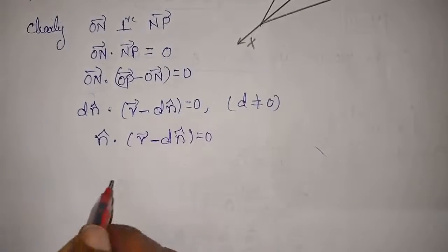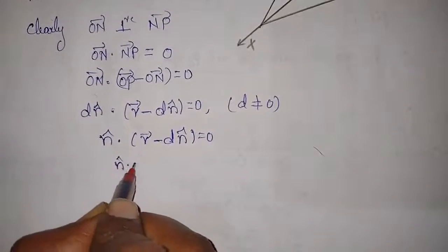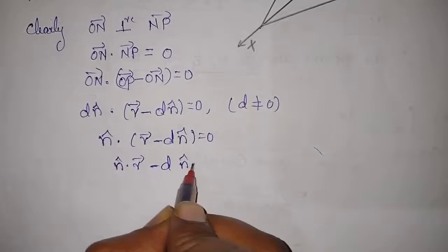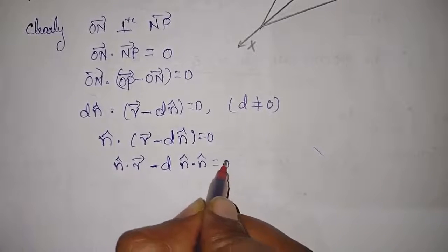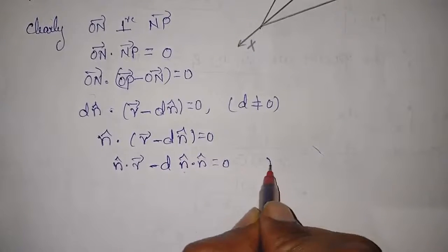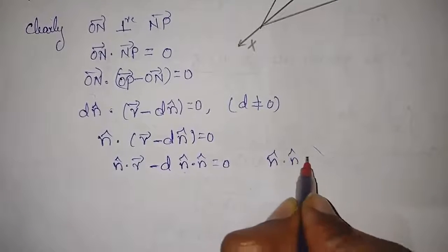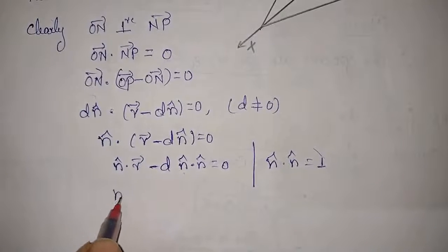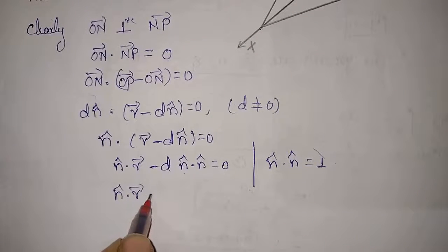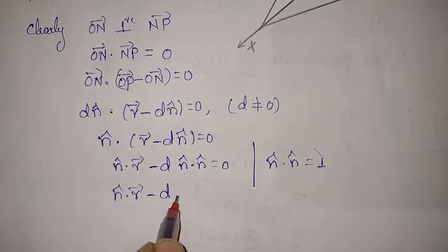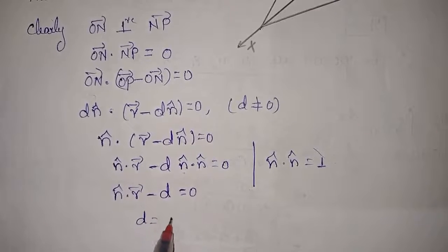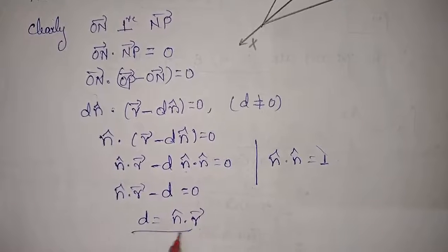Next, multiply by the unit vector n cap: n cap into r vector minus d into n cap dot n cap is equal to 0, where n cap dot n cap for a unit vector is equal to 1. So n cap dot r vector minus d is equal to 0, or d is equal to n cap dot r vector.